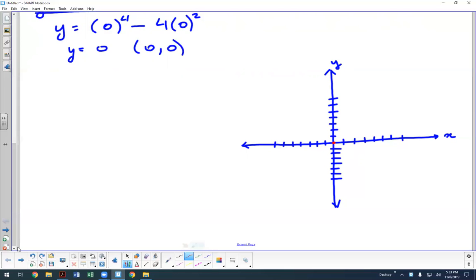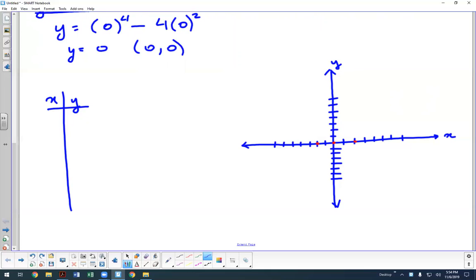Then we have x-intercepts at -2, +2. I'm a little bit off there. Okay, that's all the information we have so far, right? We know our arms go up. We know there's symmetry with respect to the y-axis, but so far these are the only 3 points that I have. So what other points do you think we should use so we can get a little bit of an idea of the shape of our graph?